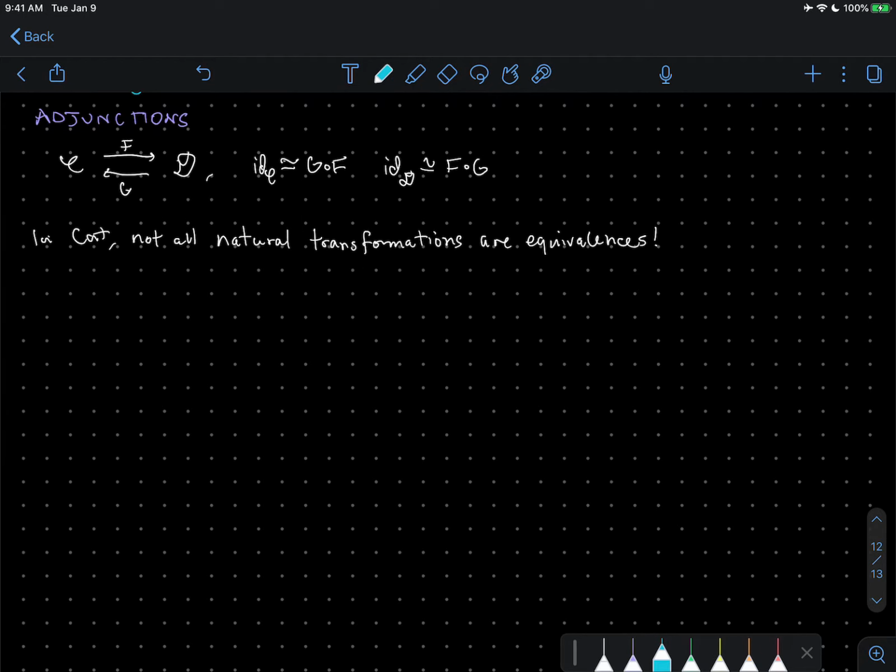So we can weaken our notion of some sort of inverse to, instead of looking at equivalences here, look at certain potentially non-invertible morphisms. So here's the definition.